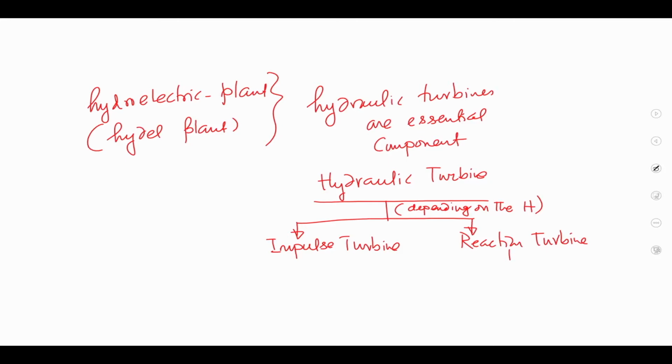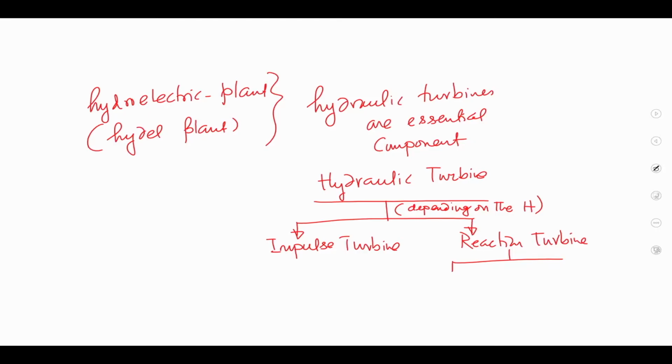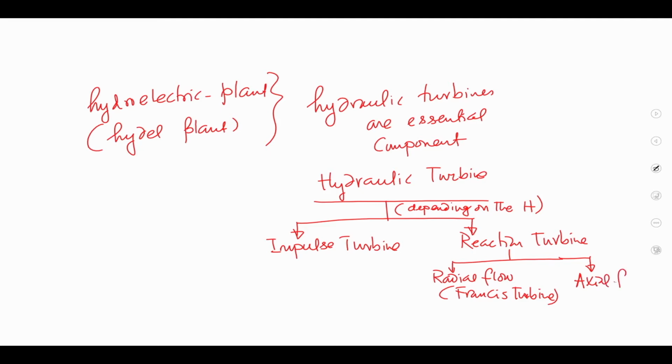This reaction turbine can again be classified based on the direction of flow: radial flow reaction turbine, that is the Francis turbine, and axial flow reaction turbine, which is Kaplan and propeller.